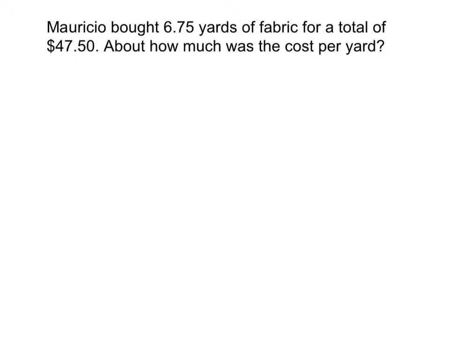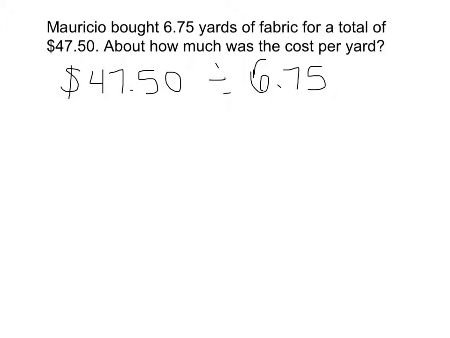So our problem is we want to know $47.50 divided by 6.75 is about how much? And remember, we're using estimation because it's asking about how much. I want to turn this problem into an easy division problem.